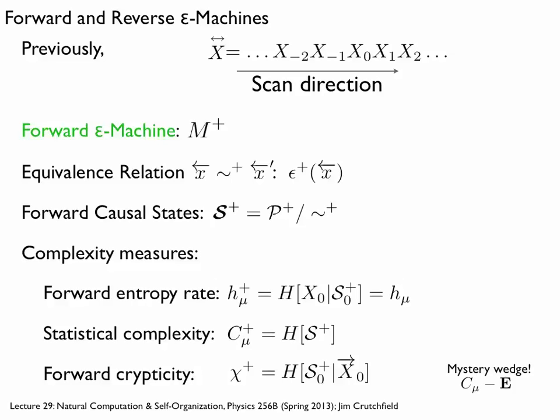Remember, that was this mystery wedge, which we'll come back to several times, and even next week is going to be pretty much an analysis of this. We call it the crypticity, and there's a forward crypticity. It was that funny thing in the information diagrams: given a future, our uncertainty in the current state, in this case the current forward state.